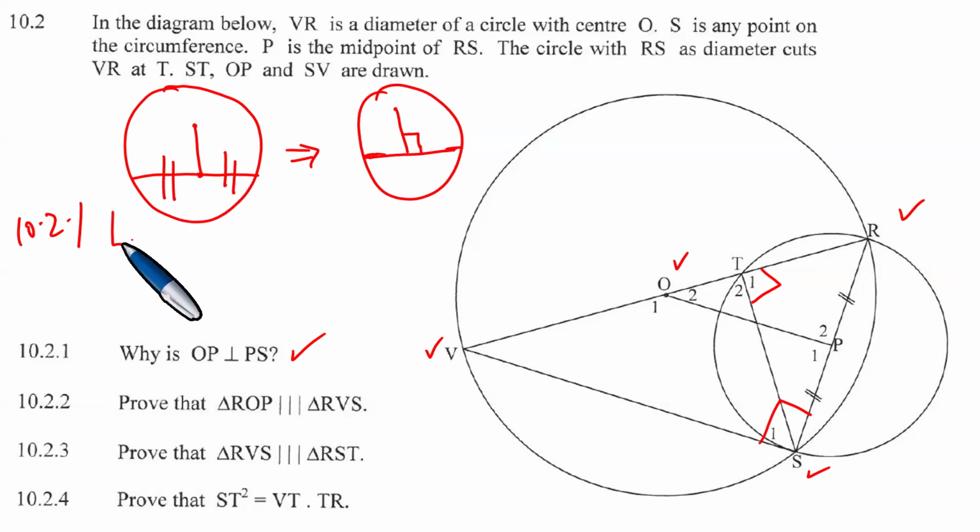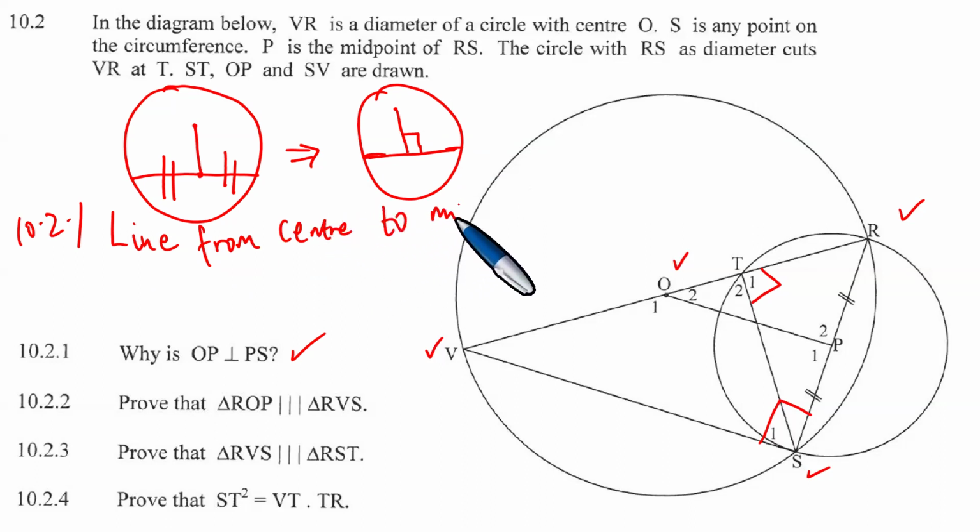So we then say line from center to midpoint of chord. That is the reason, because this is the midpoint.